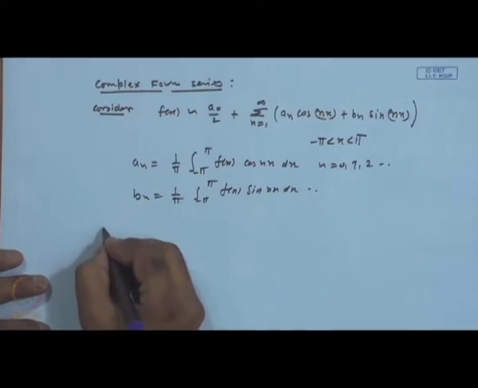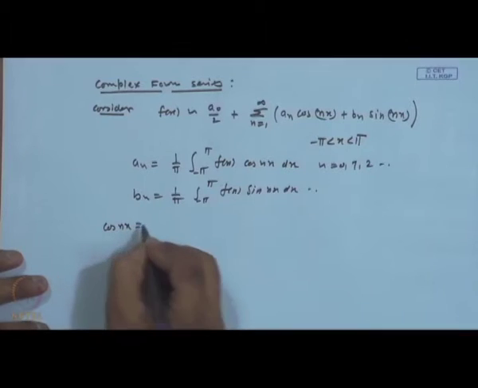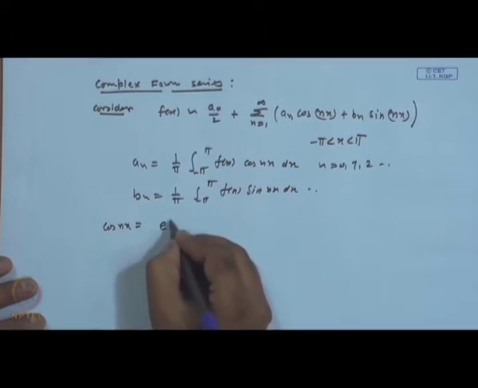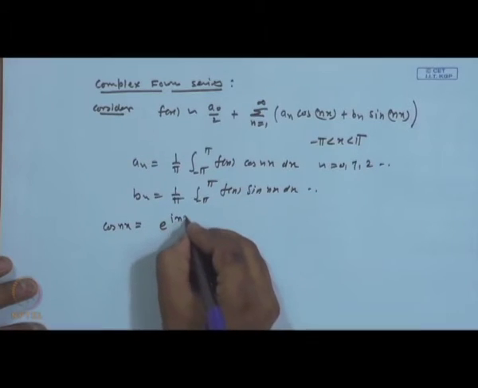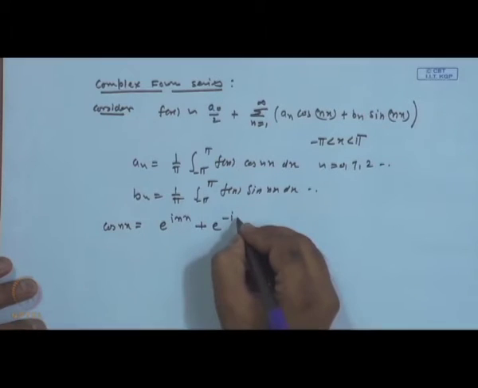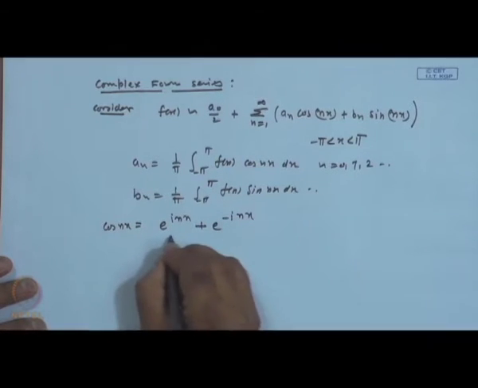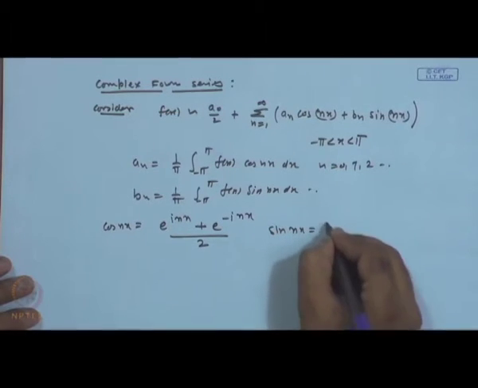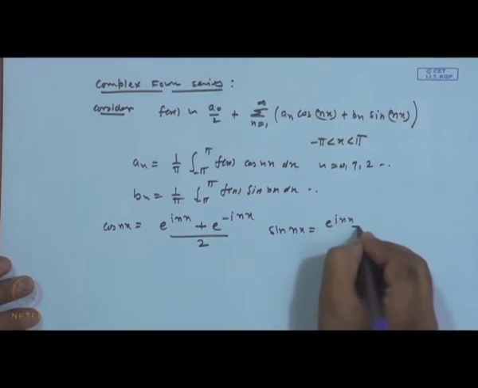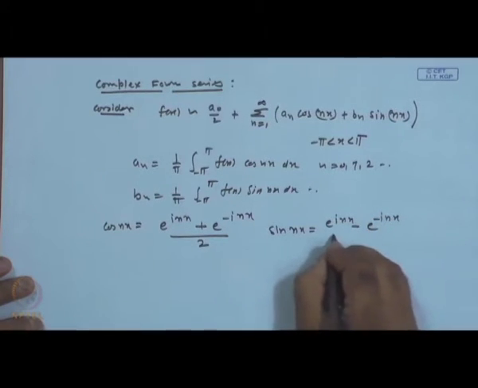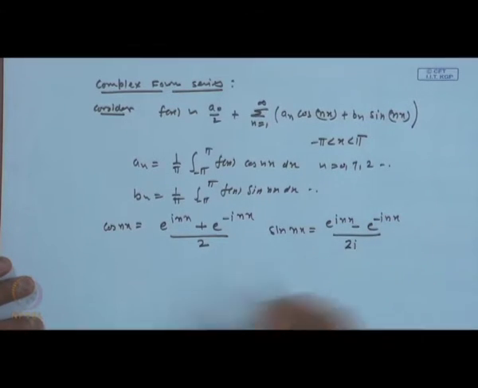So, what we know is that this cos n x we can write with this Euler formula as e to the i n x plus e to the minus i n x over 2, and this sin n x as e to the i n x minus e to the minus i n x over 2i.